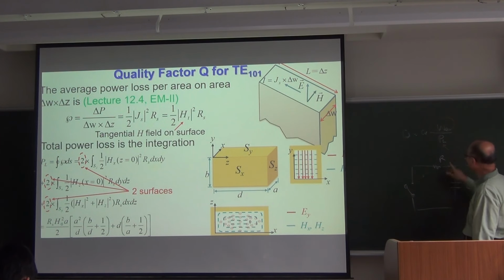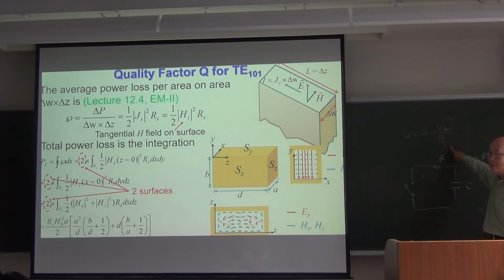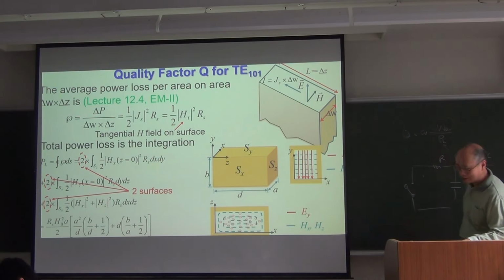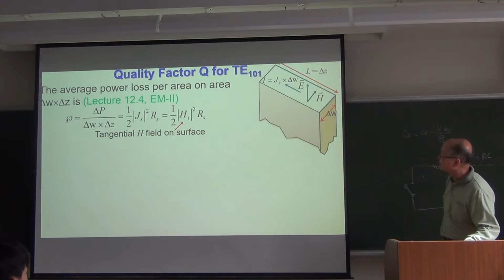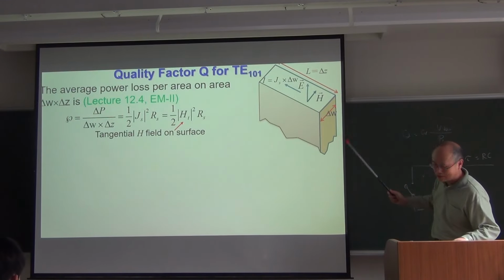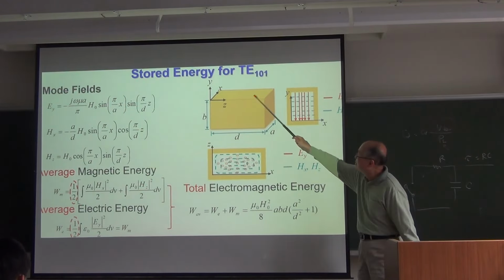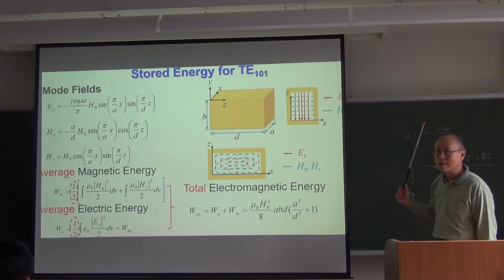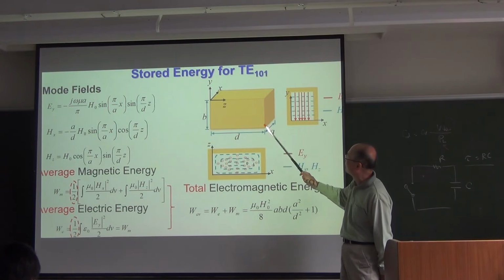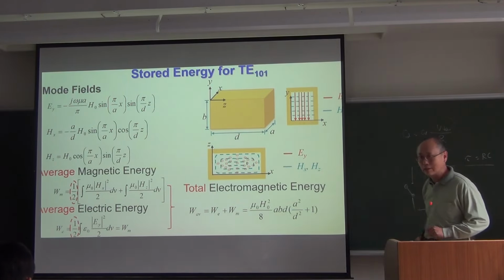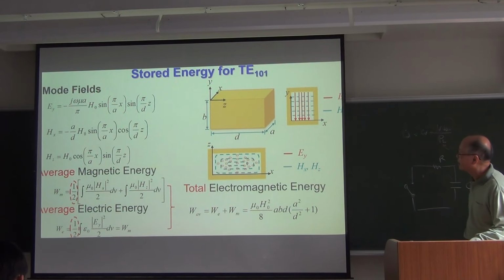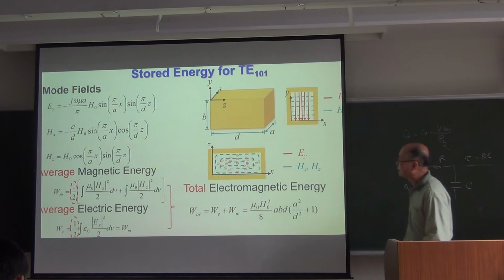Now you finish your calculation for this, now you have to calculate the power loss in this cavity. So that is related to the ohmic loss on the surface of those 6 surfaces, 1, 2, 3, 4, 5, 6 surfaces. Okay. So you want to know the tangential component of the magnetic field.